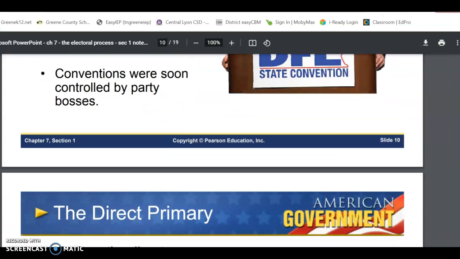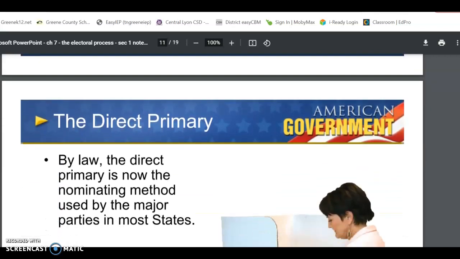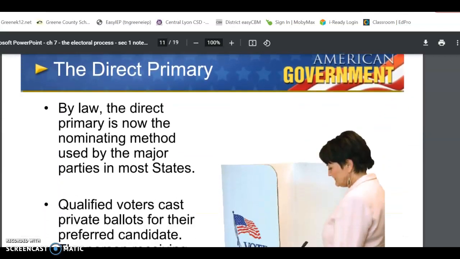One of the cons about a convention is that they are controlled by party bosses. So the bigwigs, the people who raise the most money, they're kind of in charge of the conventions.